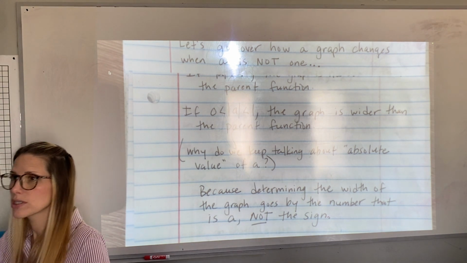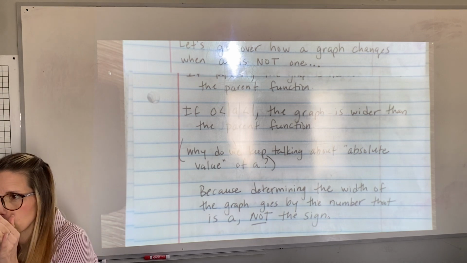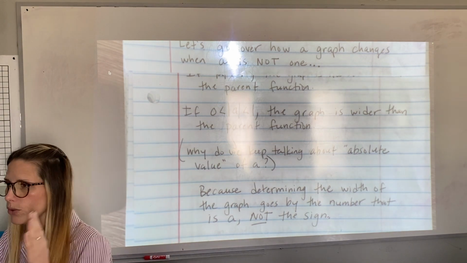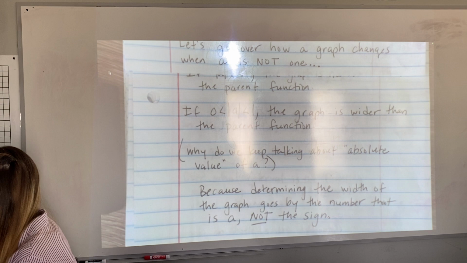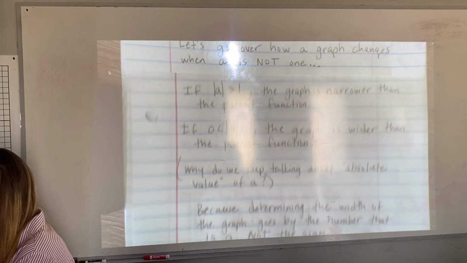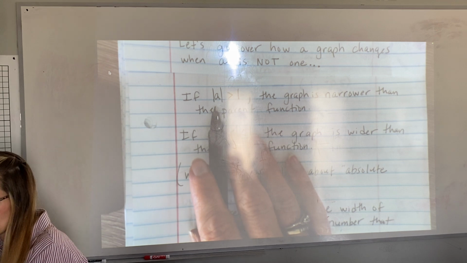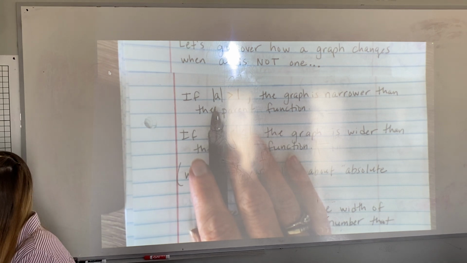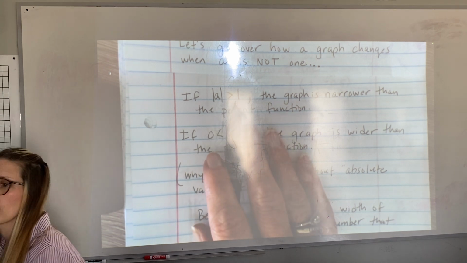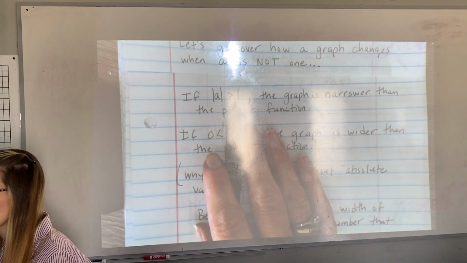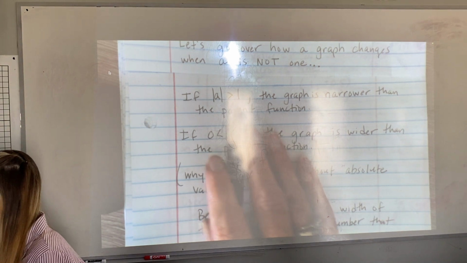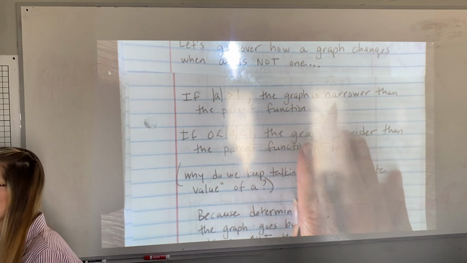The sign shows us up or down, the digit shows us wide or narrow compared to the parent function. So if the absolute value of a, or the digit with no sign, of a is greater than 1, like 2, 5, a billion, the graph is narrower.